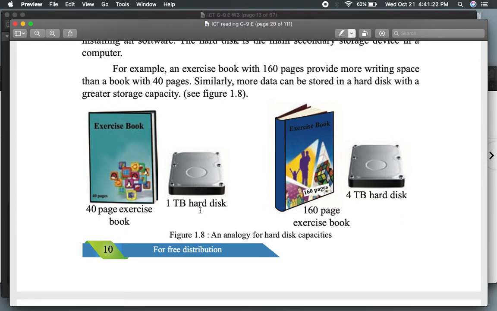So, you know that 1024 MB equals 1 GB. 1024 GB should equal 1 TB.